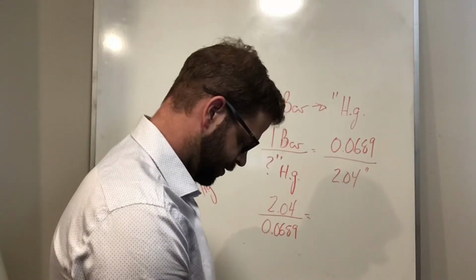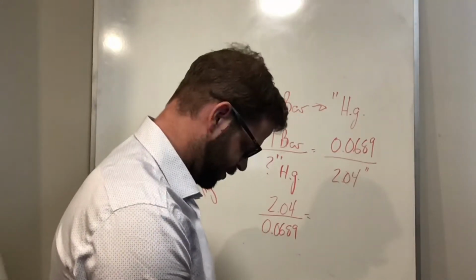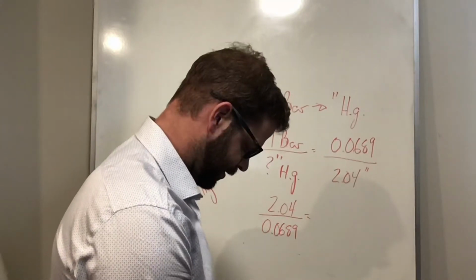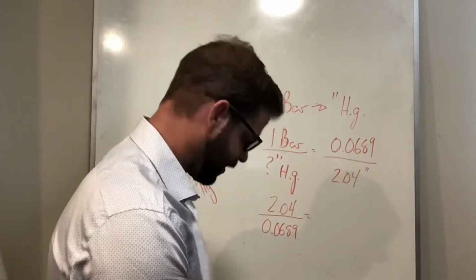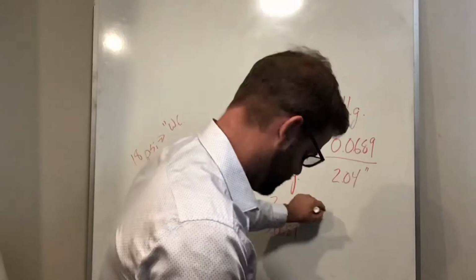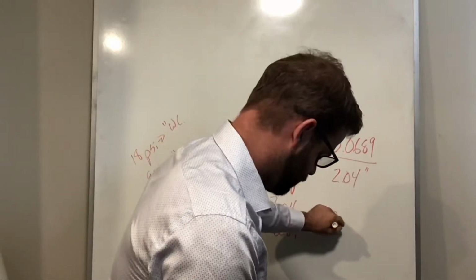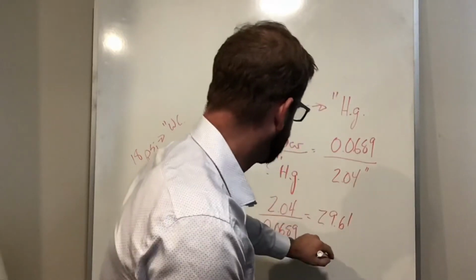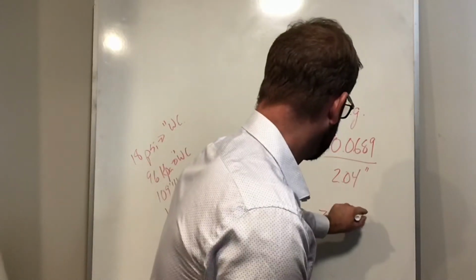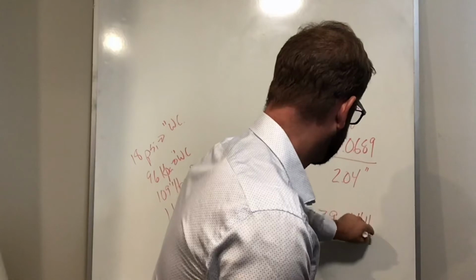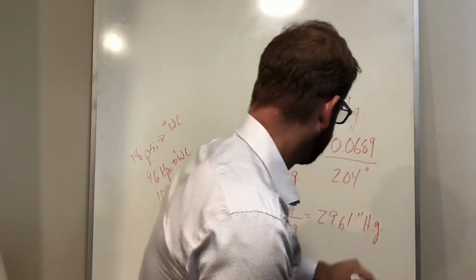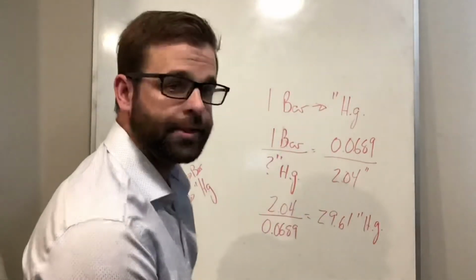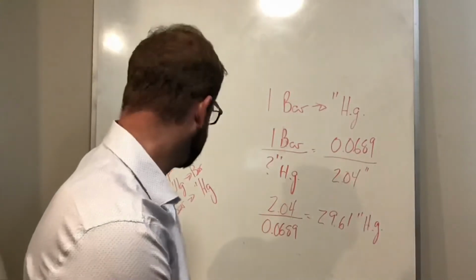So 2.04 divided by 0.0689 gives us an answer of 29.61 inches of mercury. Okay, that should be everything there.